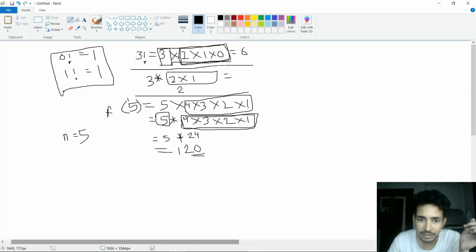This is the next function, we can also say it is 3, let's do 4 into 3 into 2 into 1.